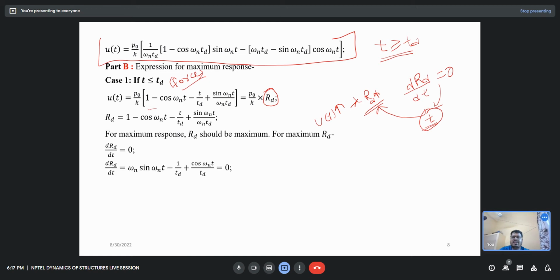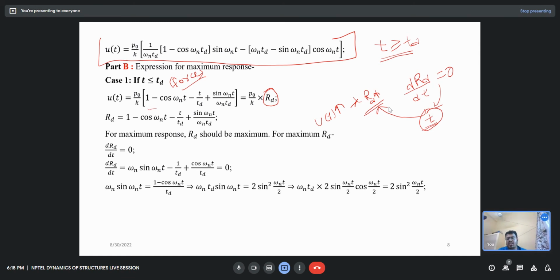So dRd divided by dt becomes, if I differentiate it, 1 is 0, cos omega n t becomes omega n sin omega n t, and t over td becomes 1 over td, and sin omega n t becomes cos omega n t divided by td. Put it equal to 0.